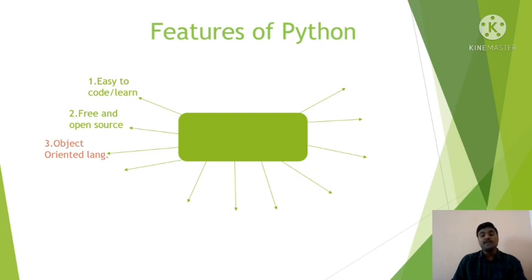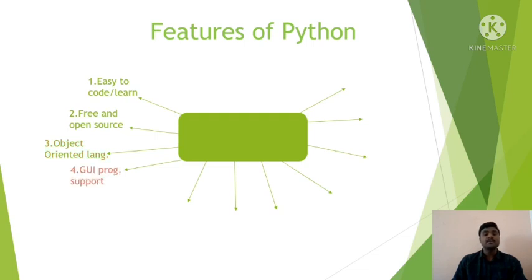Similarly, in Python we try to target the object of the problem. Objects can be anything related to the real world, and we try to solve it in the virtual world. So this is how object-oriented programming language works.